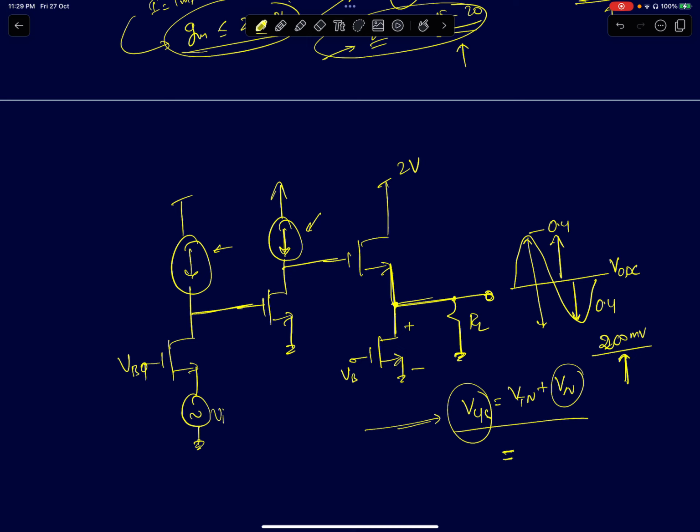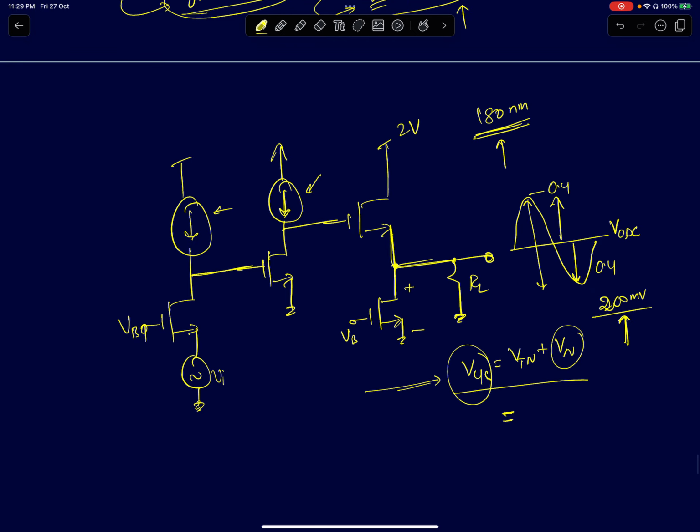So the gate to source voltage is VT plus 200. Now again, I'm going to make another assumption for 180 nanometers. The VT, if I remember, it's been long since I used 180 nanometer devices, is somewhere around 400 millivolts. I think it's even higher for some devices. There will be a flavor of devices called low VT devices, which will offer you lower threshold voltages. But the VTs can be expected to be even higher in lower technology nodes. But 400 millivolts is a reasonable number, so I'll assume VT to be 400 millivolts.